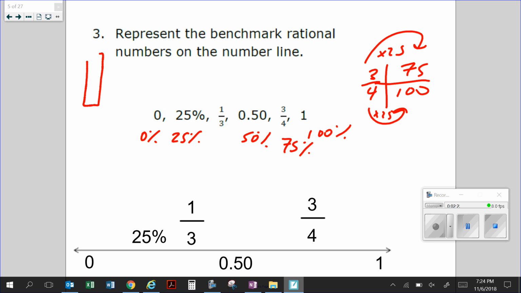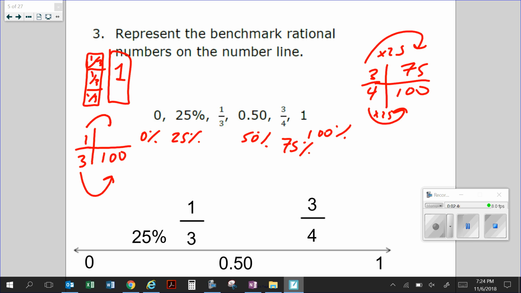About 1/3. Think about it. We used fraction bars this year. So this is 1/3, this is 1/3, this is 1/3. This represents 1 whole. So if you break 1 into 3 equal parts, what percent would it be? So 1/3, how do you build it to 100%?